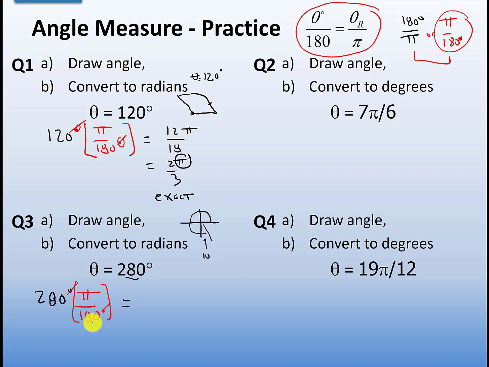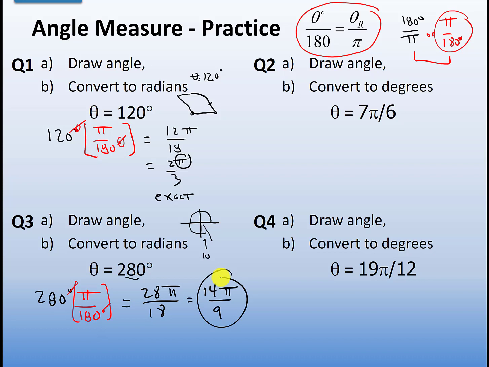If you're good with fractions, you might also see that it's reducible by not 10 but 20. But some of you aren't as good with fractions. I'm going to go slower on that. So I cancel the tens, and then I can see 2 goes into both of these. So I'm going to have 19 pi over 9. That's 18, double checking my math. No, it's not 19. 2 goes in 28, 14 pi over 9. There's my exact value.